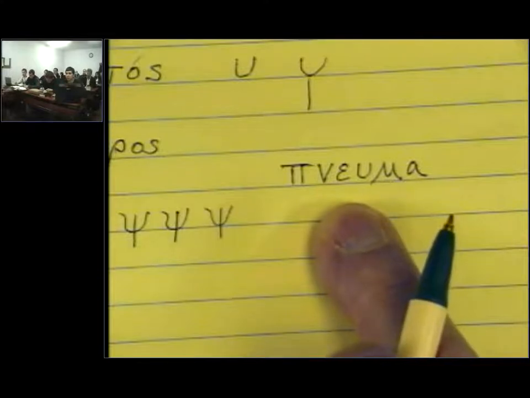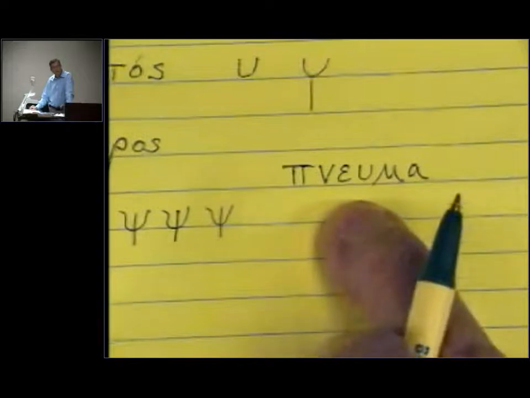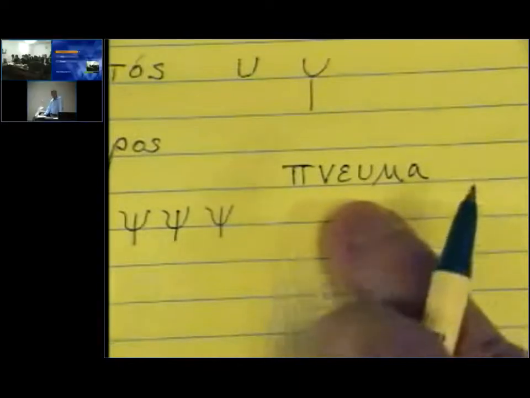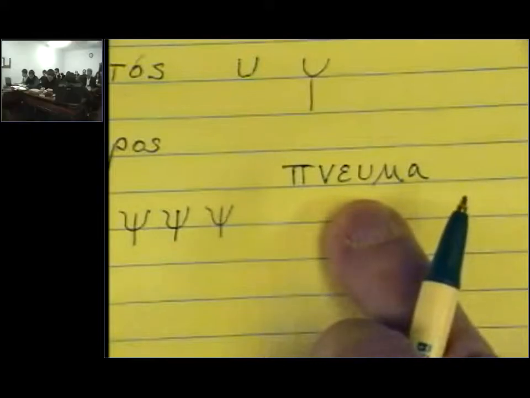This is also the Greek word for wind. So it means either spirit or wind.